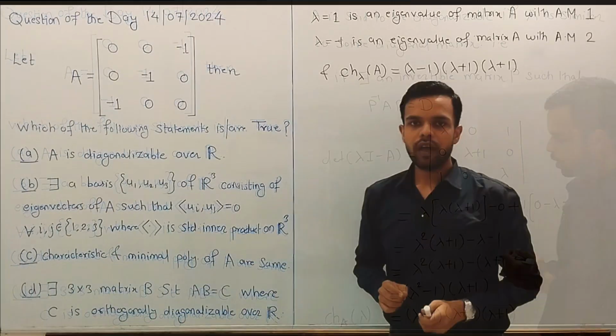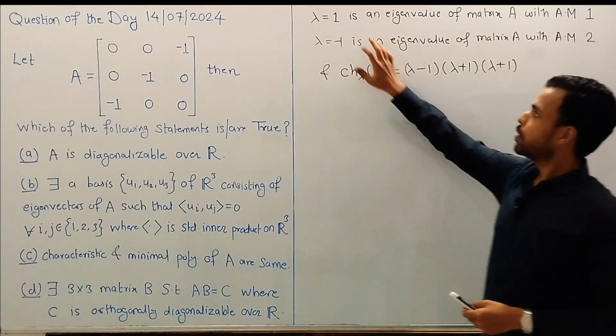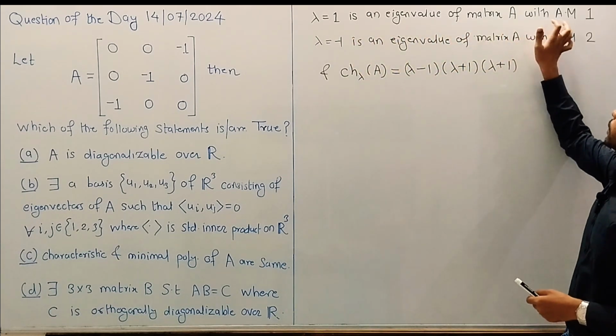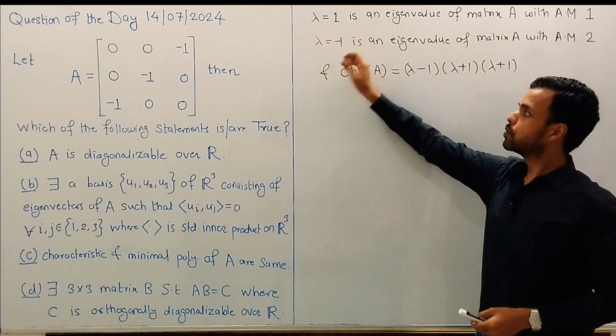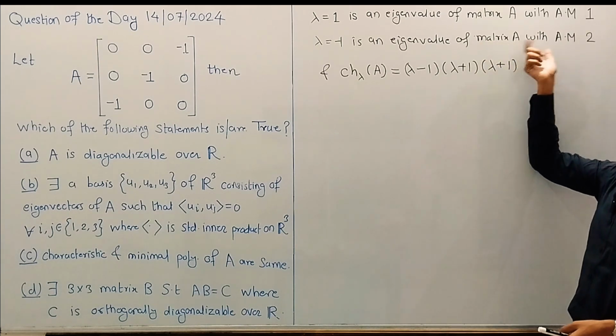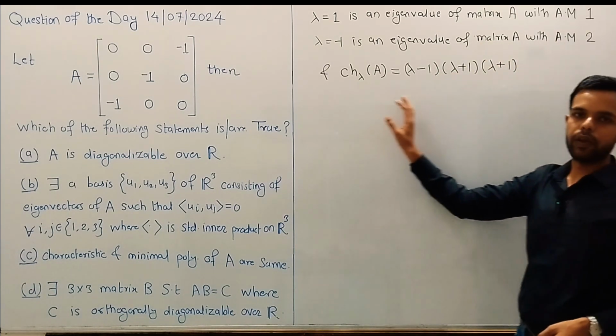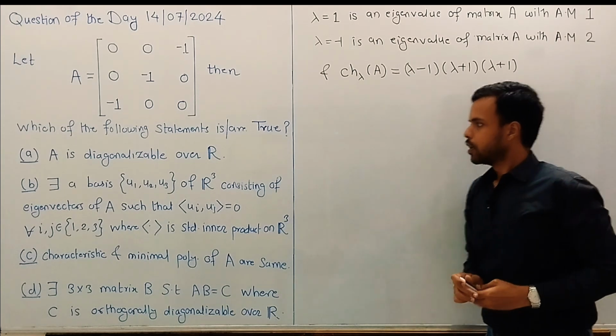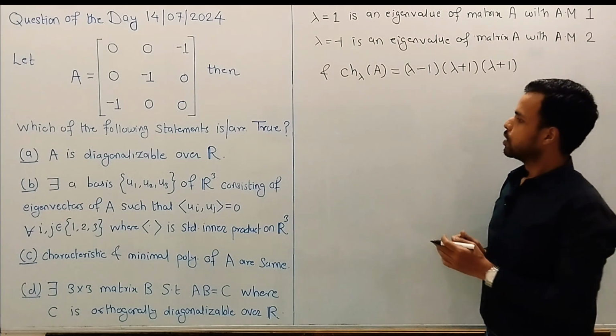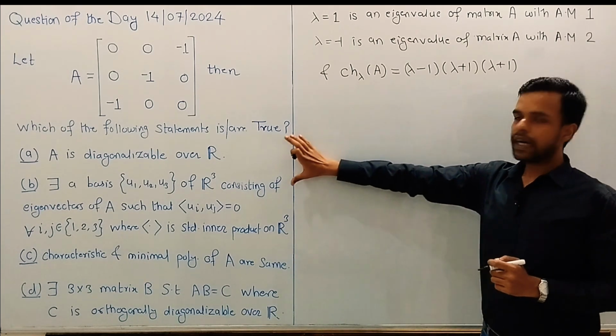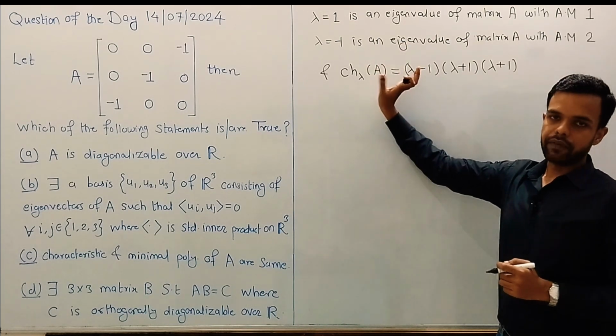This is the characteristic polynomial of matrix A. Now let's find the eigenvectors corresponding to these eigenvalues.